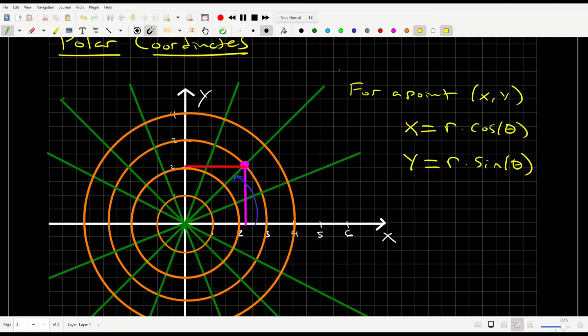This is conversion from polar to Cartesian.